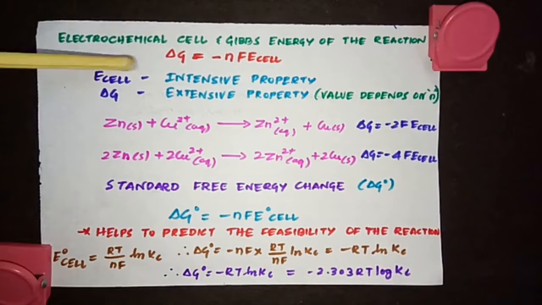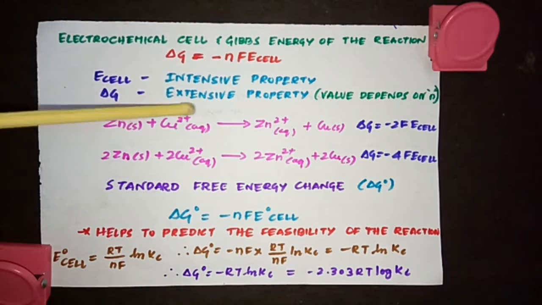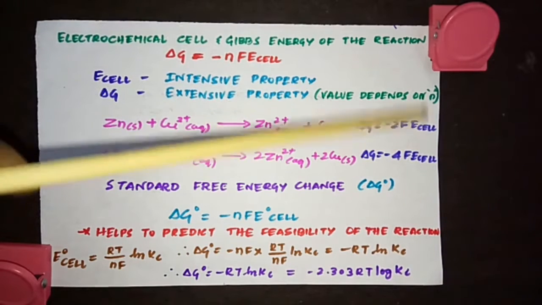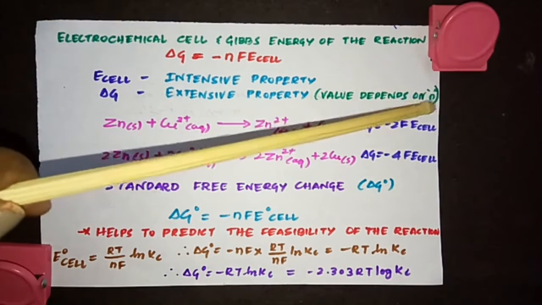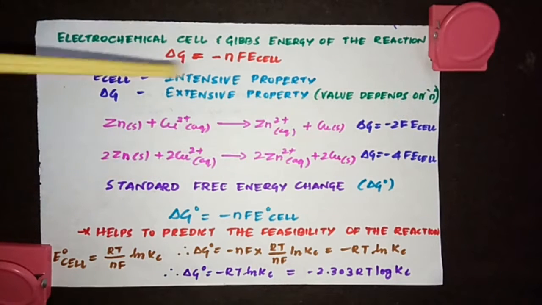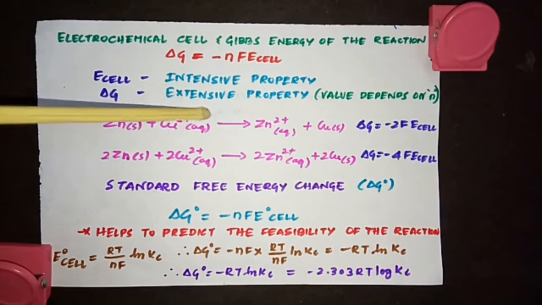Here E cell is an intensive property, which means it does not depend upon the amount of matter, but delta G is an extensive property, which means its value depends upon the n value. What is n? Number of electrons involved. So when the number of electrons involved changes, delta G value also changes. So we say delta G is an extensive property.